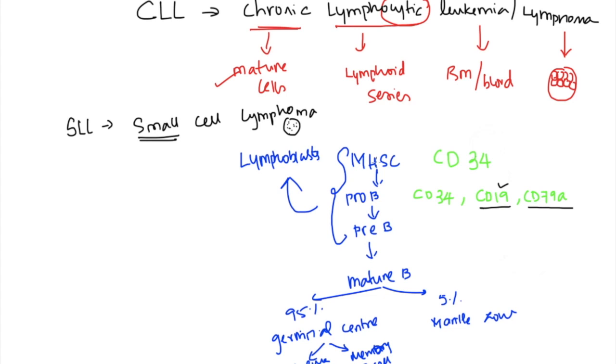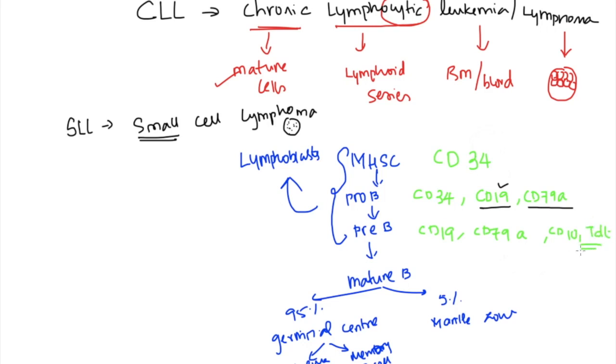Next, we'll drop off CD34 because the cell is getting matured. This is the precursor marker basically, so now CD34 is gone. CD19 remains because it's pan B, so all B cells will have it. Once acquired, it will remain. CD79A, and then you will have CD10 and TDT. What is TDT?